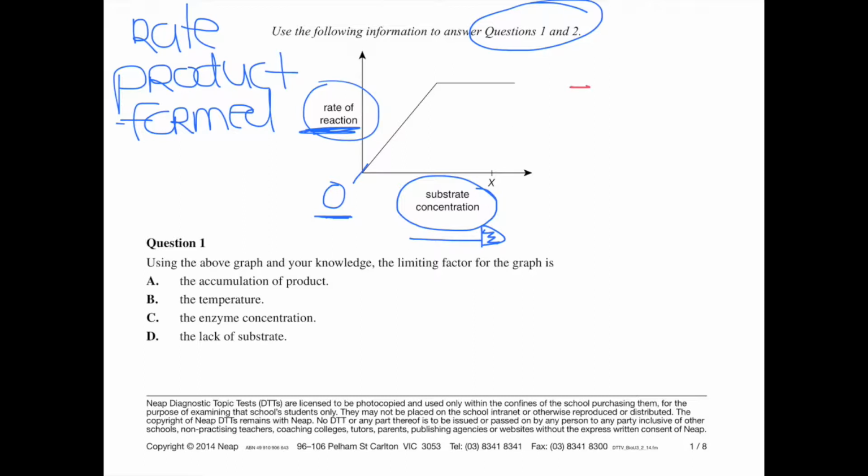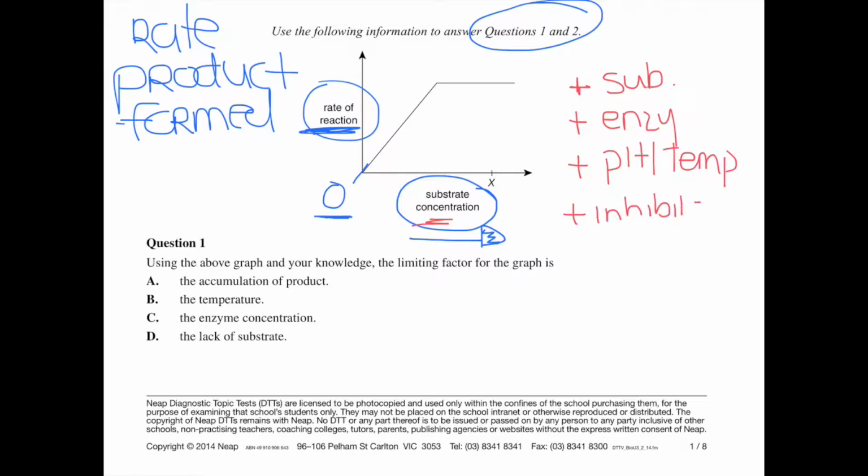So we know that already from this graph, substrate concentration, I'm just going to abbreviate them on the side, enzyme concentration, pH and temperature for obvious reasons of optimal temperatures and optimal pHs, the presence and or absence of inhibitors, and cofactors.